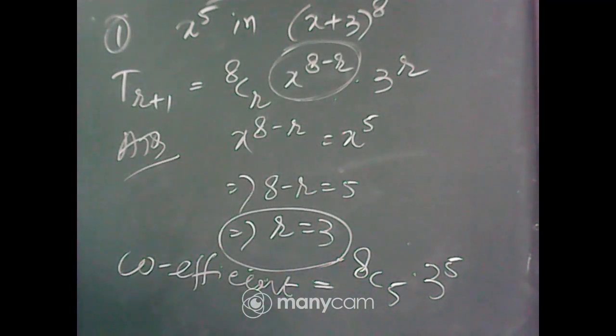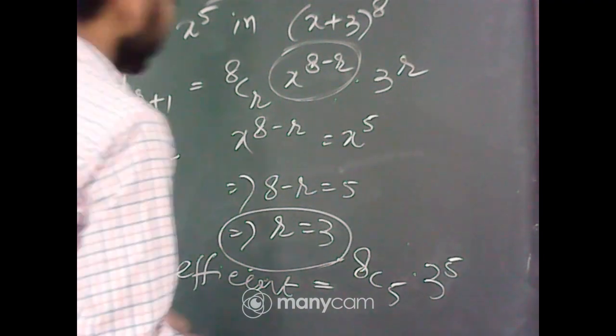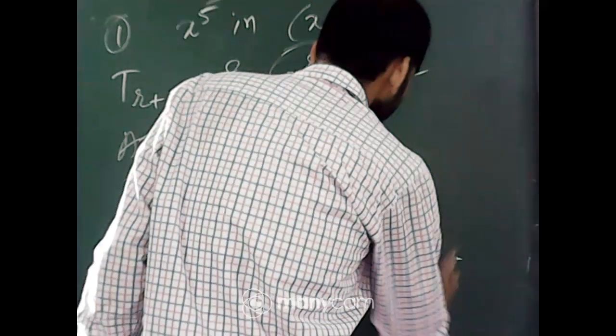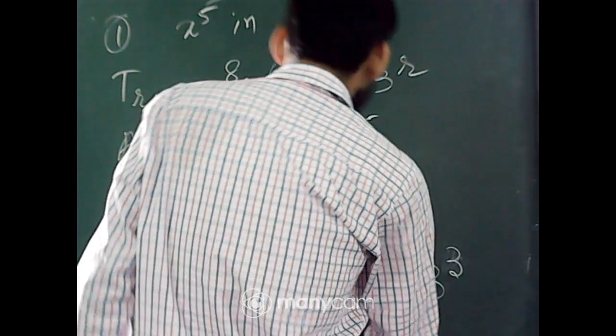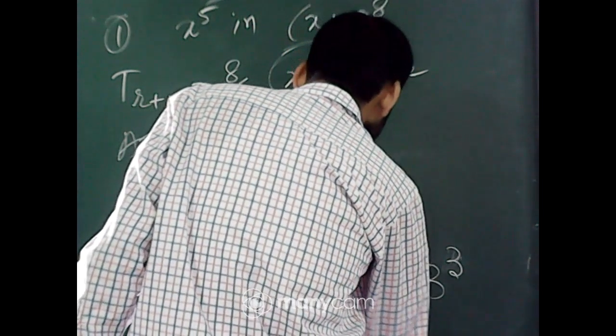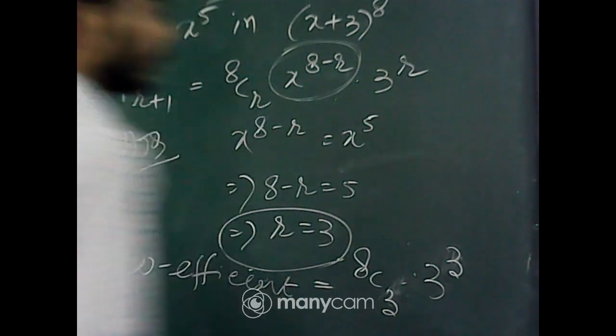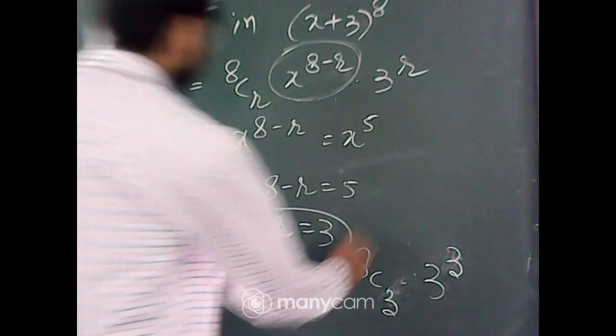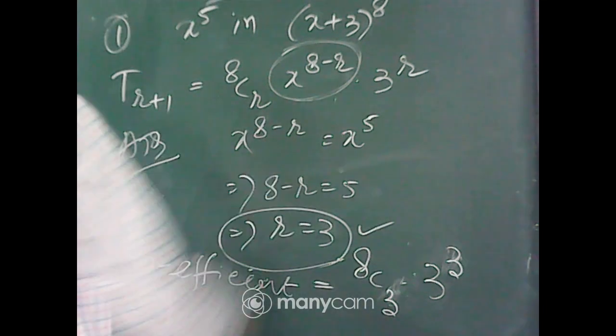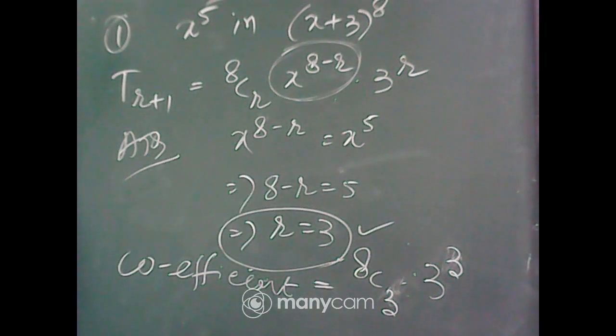Because you are asked to find the coefficient, the variable is excluded from the result. Have you got it? Now, calculate it. Sorry, it will be 3 to the power 3. Make one correction: 8C3, since the value of r is 3. 8C3 into 3 to the power 3, and the variable is excluded.